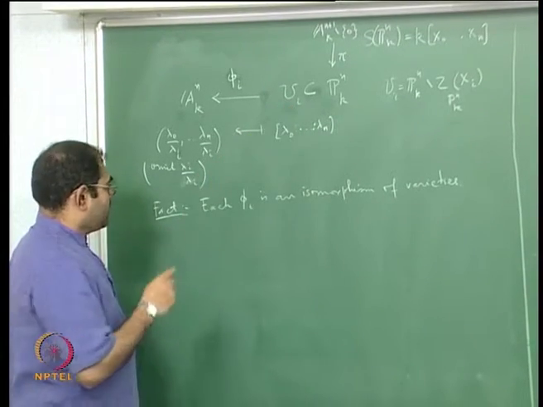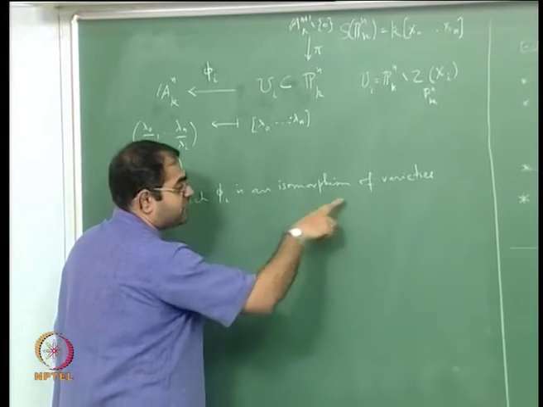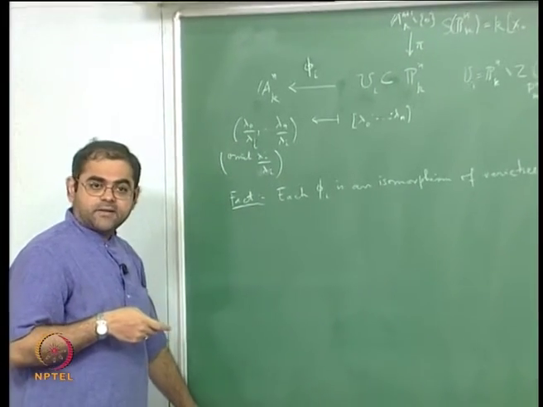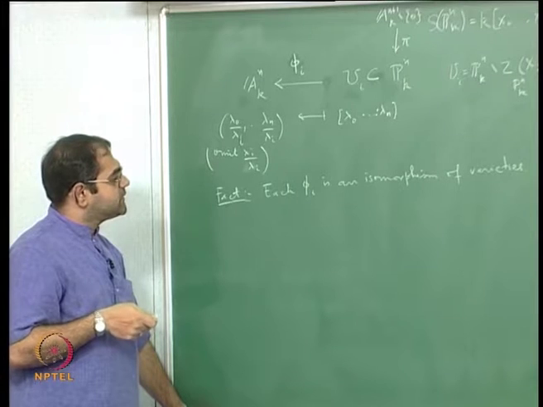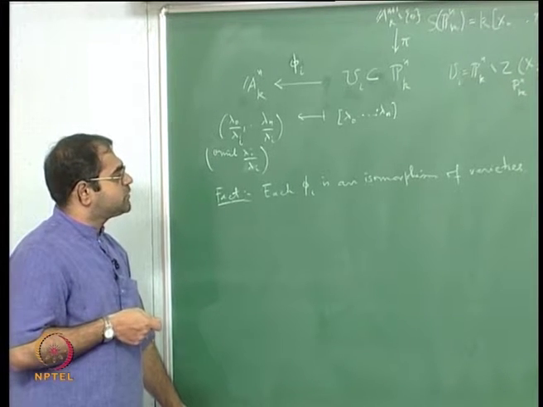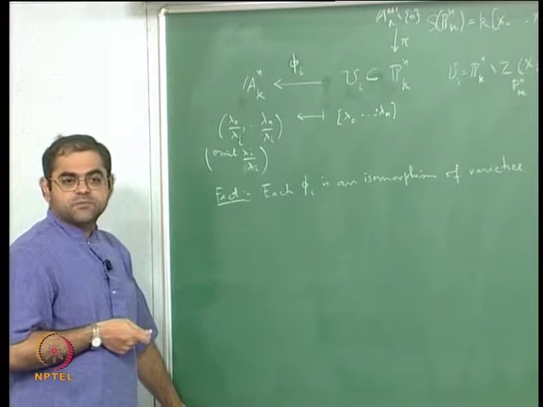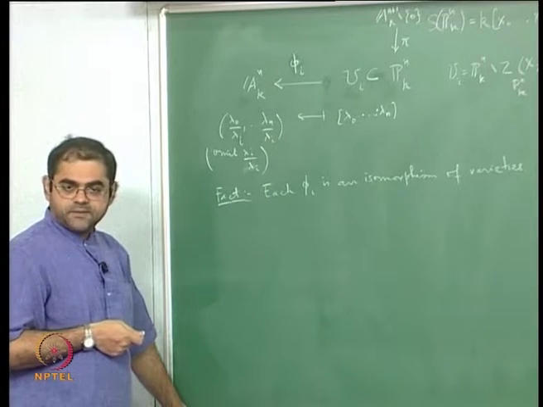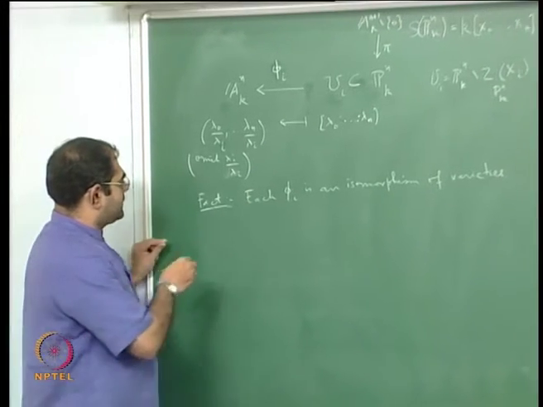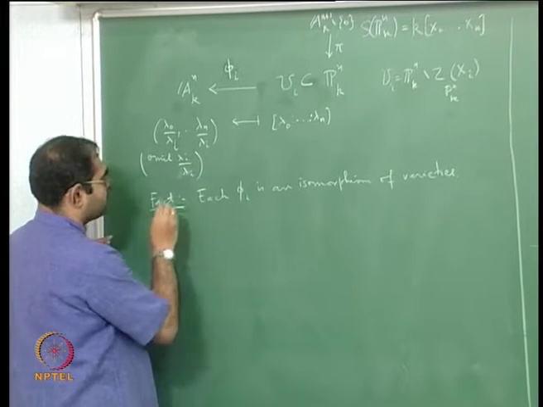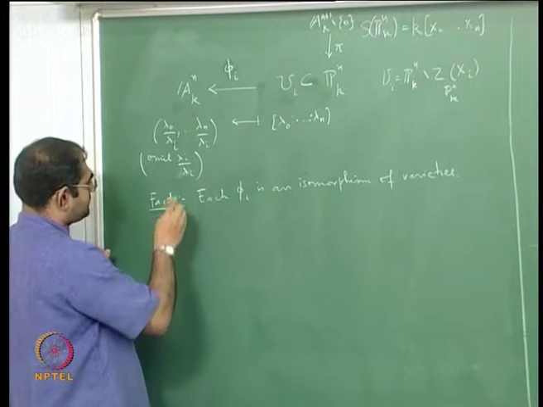Now the fact I want to make is that each phi is an isomorphism of varieties, and how does one do this? You have to show that phi is a morphism, and you have to show that phi inverse is a morphism. So let me do that properly.